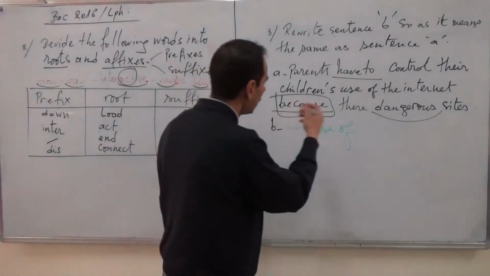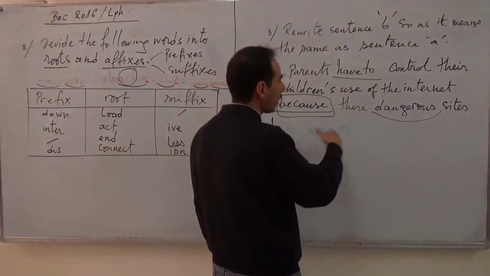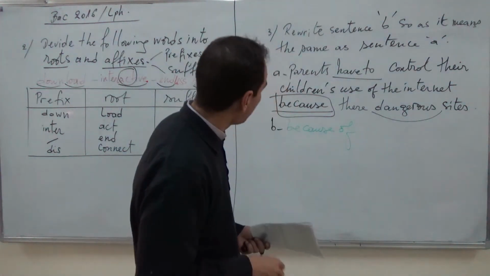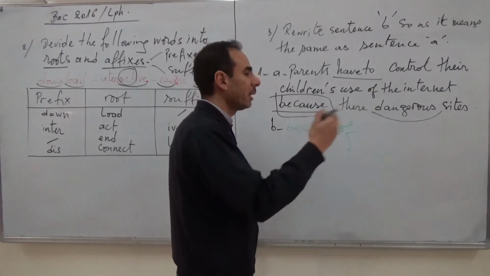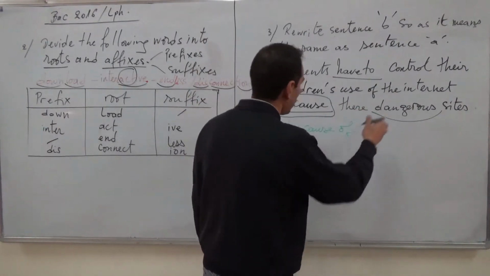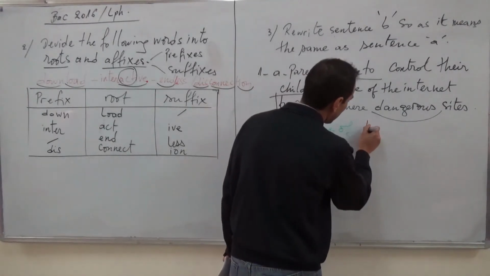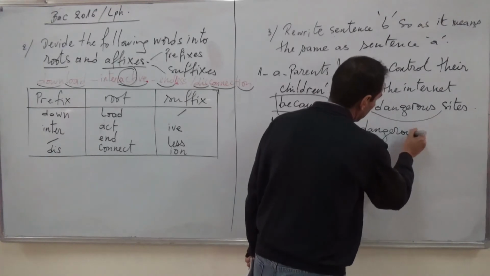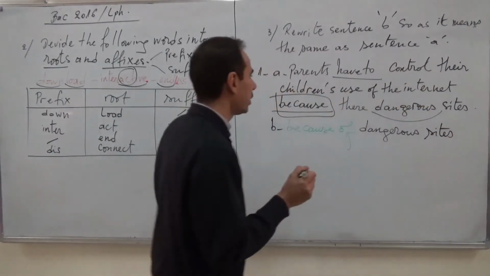If I start with because, the use, etc., it doesn't go. Because of doesn't need a verb. It needs just a noun or an adjective. So here we have the adjective dangerous: because of dangerous sites.